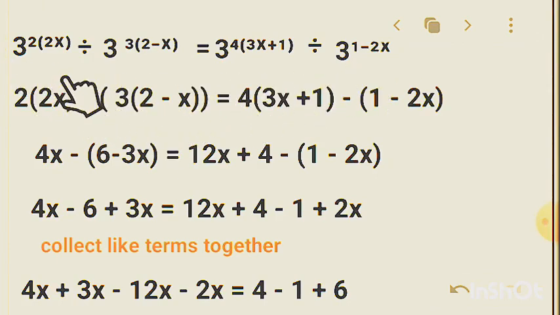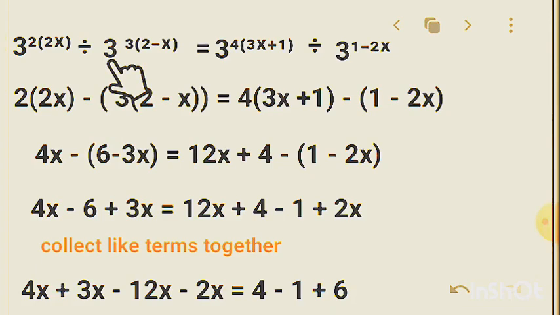We equate the exponents. The first one is 2 into 2x. And because we are dividing, according to the second law of indices, the bases are the same and we are dividing, we subtract the exponents from each other. So we subtract the exponent on the right hand side from that on the left hand side. So that is why we have a minus sign here.